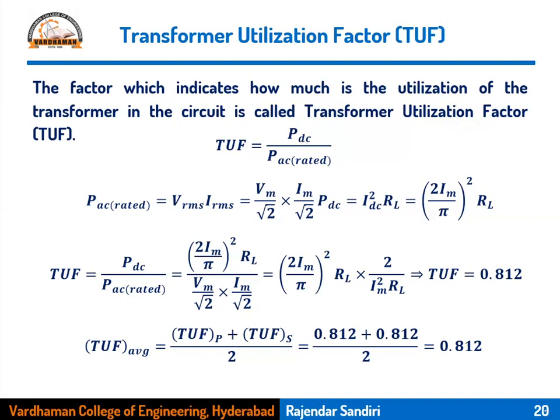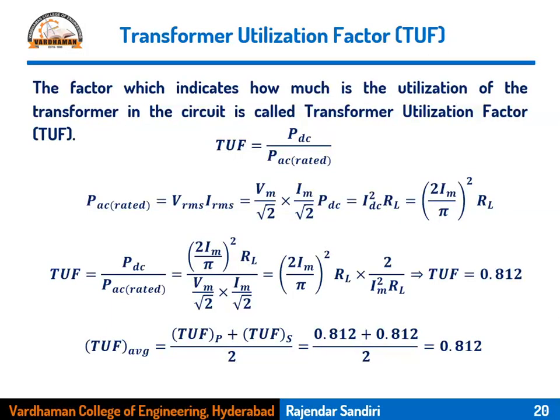Now the transformer utilization factor: the primary transformer utilization factor we have already calculated as 0.812. The secondary also will have a full cycle, therefore that also we can take as 0.812. Both will be 0.812, and the average, 0.812 plus 0.812 by 2, will again be 0.812.